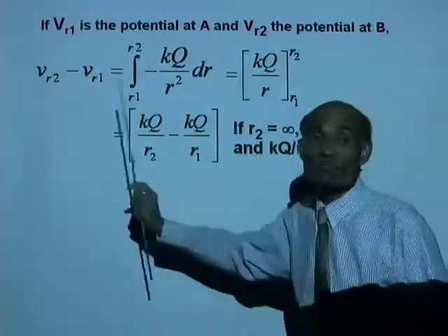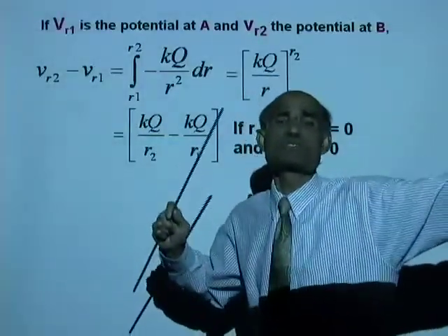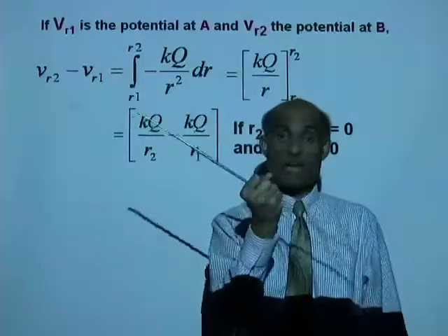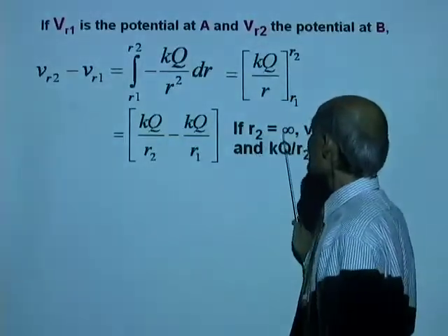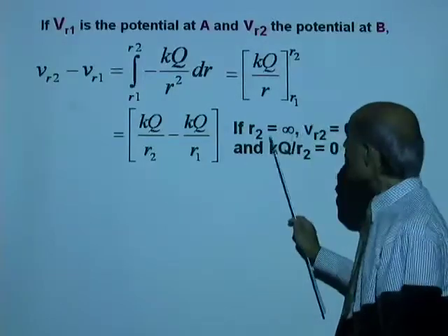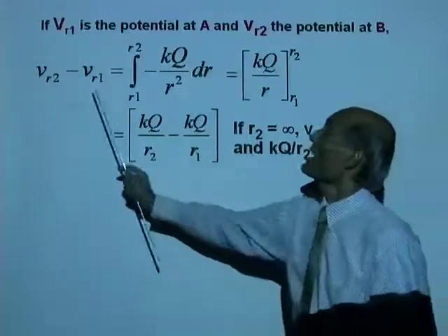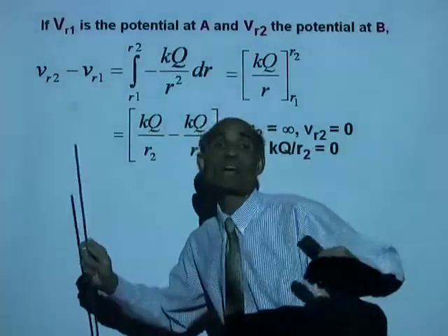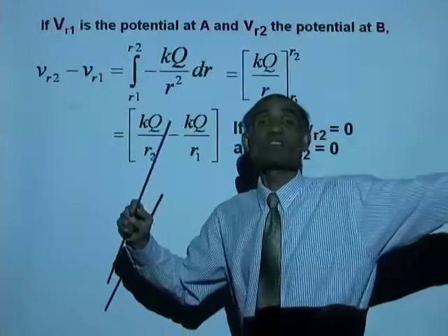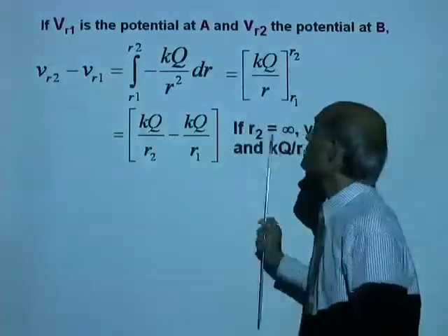Now, suppose we choose r2 to be at infinite distance from the charge. Then, if r2 is infinite, we suppose the potential at infinity is 0. That means V(r2) we are going to call 0. When r2 is an infinite distance from the charge, this V(r2) will be 0.